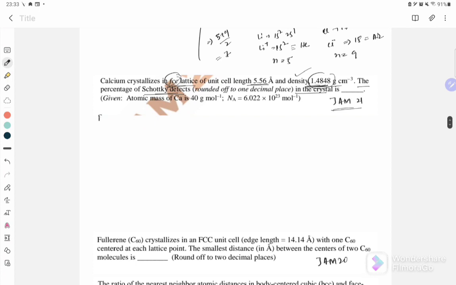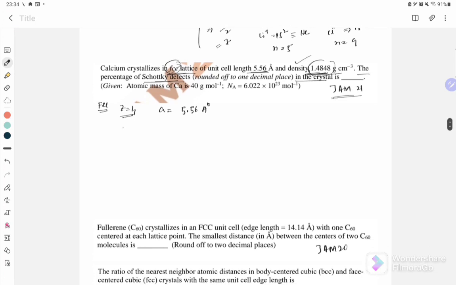Okay, FCC lattice, Z is equal to 4 and a is equal to 5.56 angstrom. We are not writing the density here. And the percentage Schottky defect.